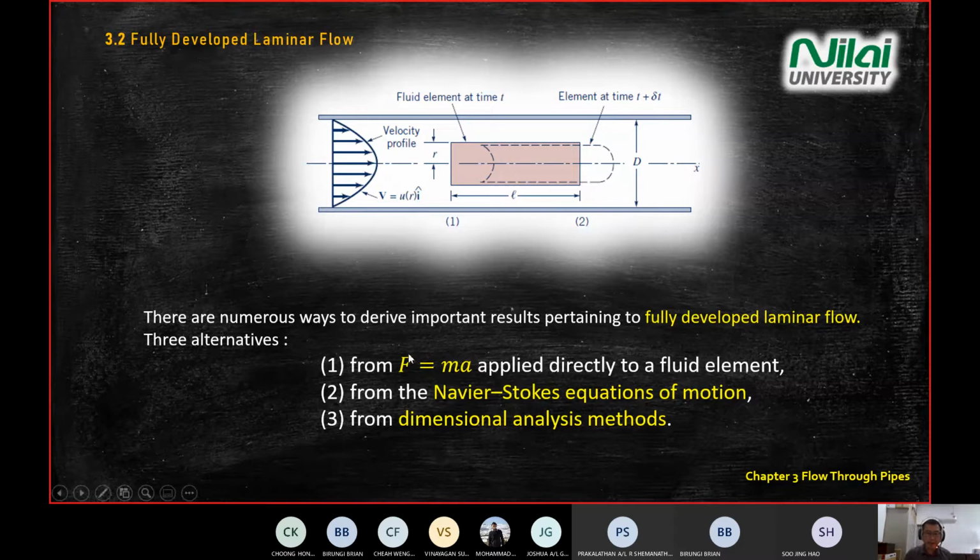First one, we use Newton's law, F equal to ma. Then you use the Navier-Stokes equation. It's a very complex equation. However, in this module, I won't test you on the development of Navier-Stokes, but I will test you on the application of Navier-Stokes.